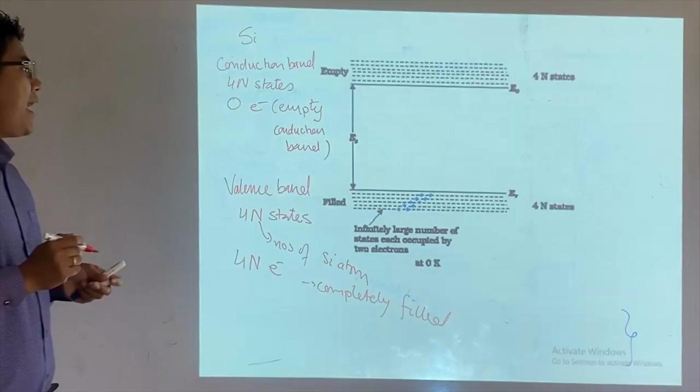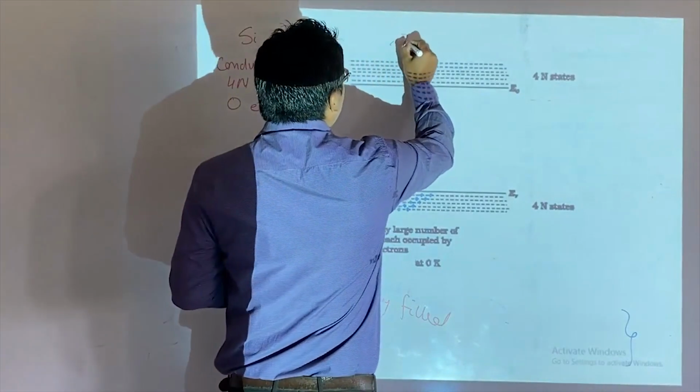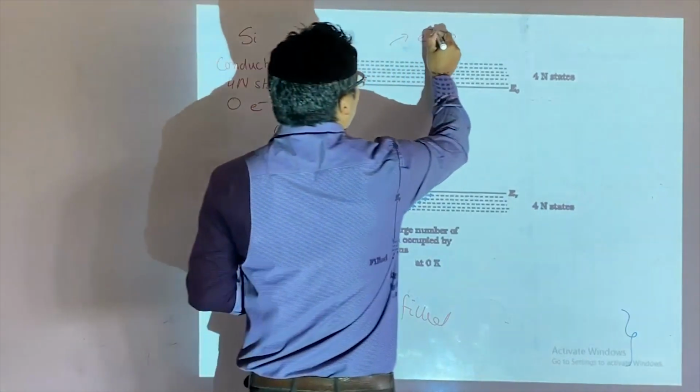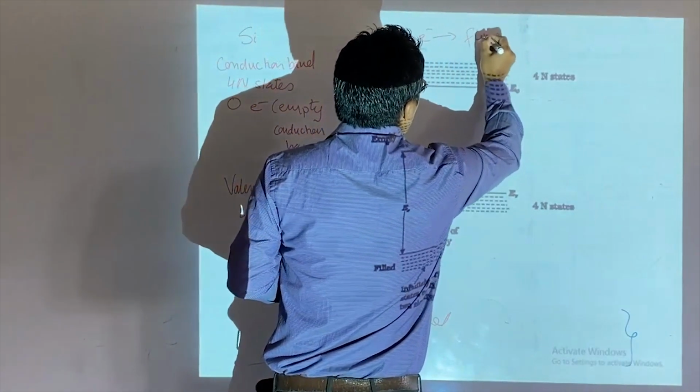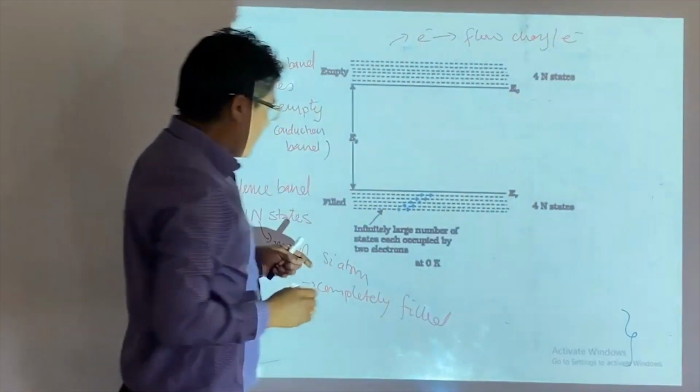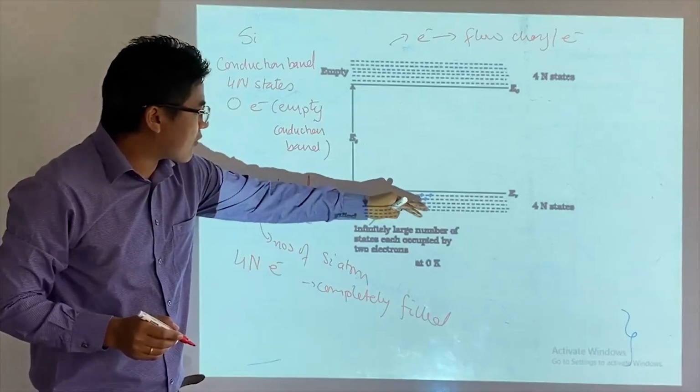Electrons which are available in the conduction band are responsible for the flow of charge.